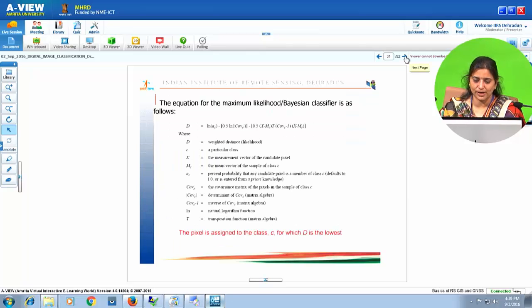The equation for maximum likelihood or Bayes classifier is as follows. D is equal to natural log of AC, where AC is the percentage probability that any candidate pixel is a member of class C, minus 0.5 natural log of the determinant of the covariance matrix, minus 0.5 (x minus mc) transpose, covariance matrix inverse, multiplied by (x minus mc), where x is the measurement vector of the candidate pixel, mc is the mean vector of the sample of class C, and the covariance matrix is the covariance matrix of that particular class.